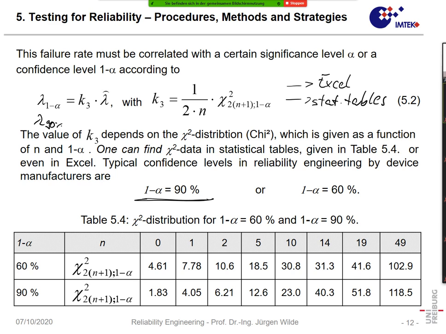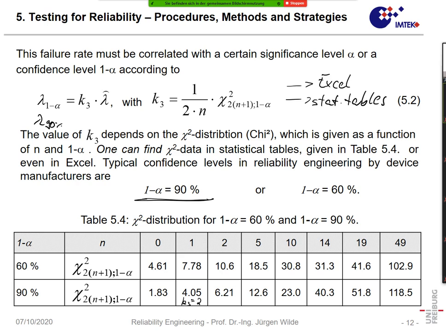Even in that case, you can give a chi-square value, which is 1.8. Of course, that doesn't seem to make sense, but if you have 1 failure, you have a chi-square value of 4. You have n is 1, so you have 4 divided by 2 times 1, and that means in that case for 1 failure K3 is 2.